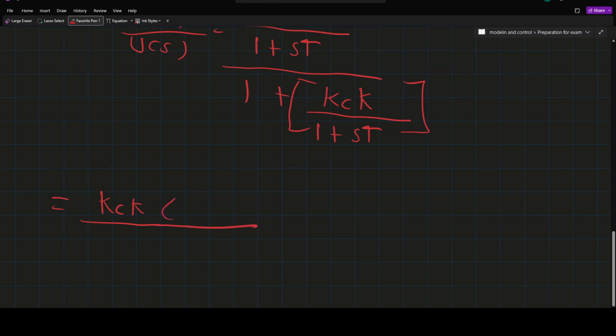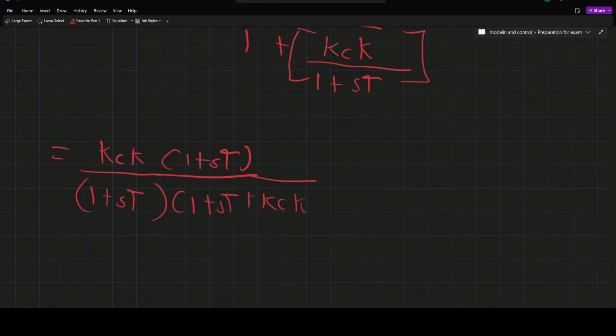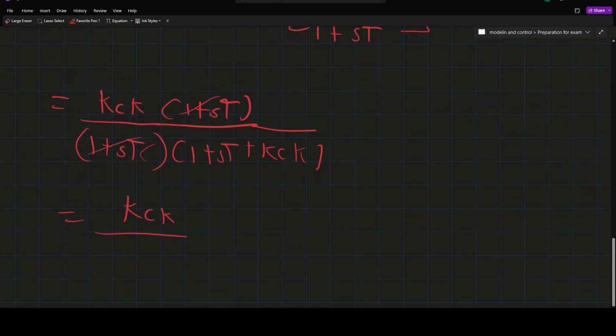We are gonna have Kc K over (1 + τs) times (1 + τs) plus Kc K. From here we can cancel these two, so we get Kc K over (1 + Kc K) plus τs.